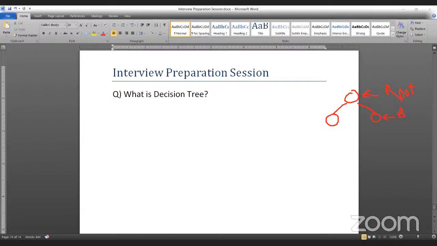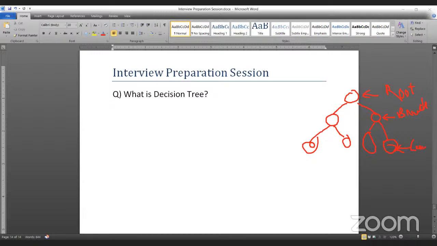Whichever are in the middle are known as branch nodes, and whatever is present at the end, these nodes are known as leaf nodes.